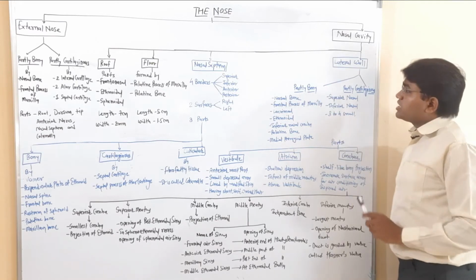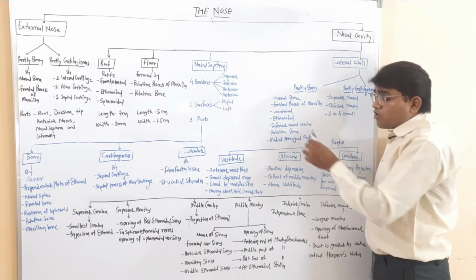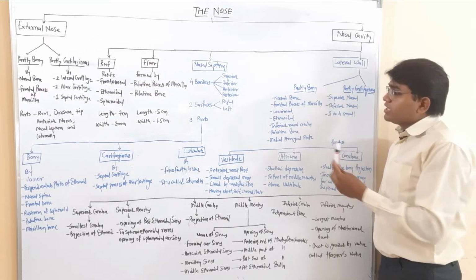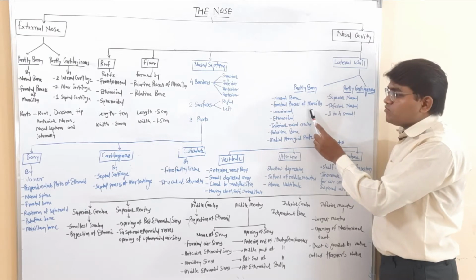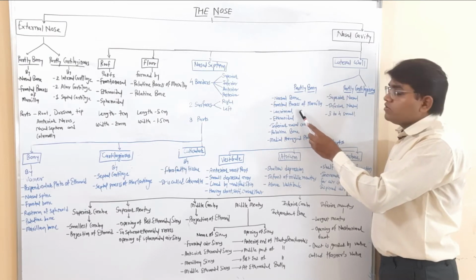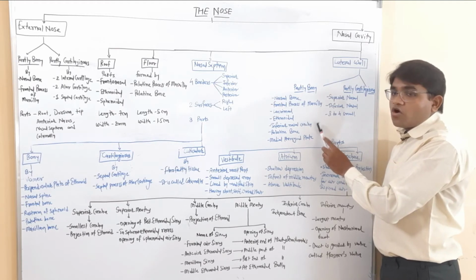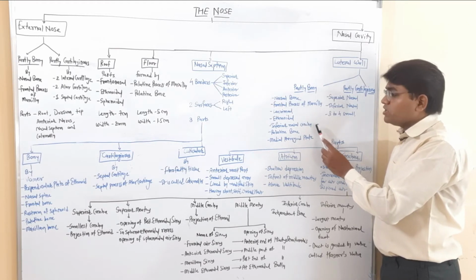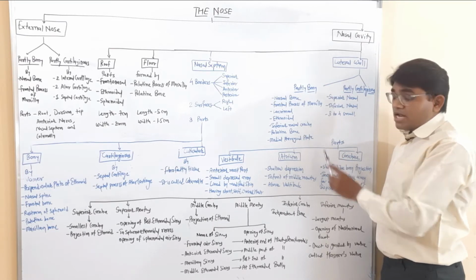The bones participating in the formation of the lateral wall, from forward to backward, are the nasal bone, then the frontal process of the maxilla bone, then the lacrimal bone, ethmoid bone, then the inferior nasal concha, which is an individual bone, then the palatine bone and the medial pterygoid plate.